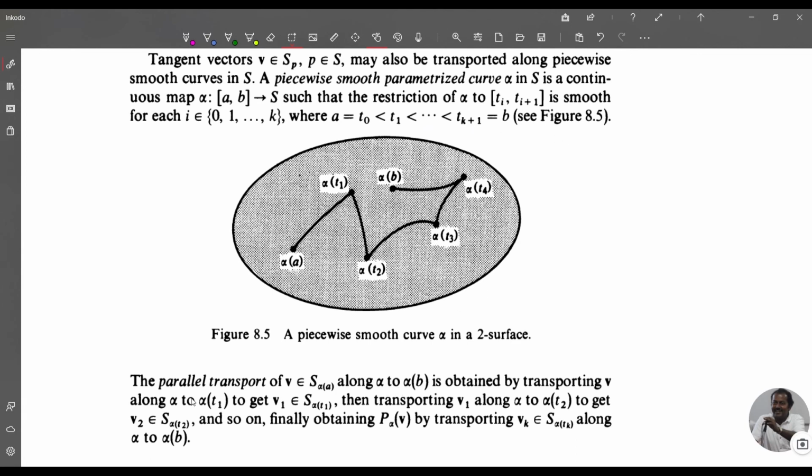A parallel transport of V in S_alpha(a) along alpha to alpha(b) is obtained by transporting V along alpha to alpha(t_1) to get V1 in S_alpha(t_1), then transporting V1 along alpha to alpha(t_2) to get V2 in S_alpha(t_2), and so on. Finally obtaining P alpha of V by transporting Vk in S_alpha(t_k) along alpha to alpha(b).